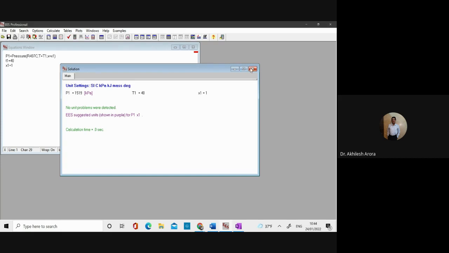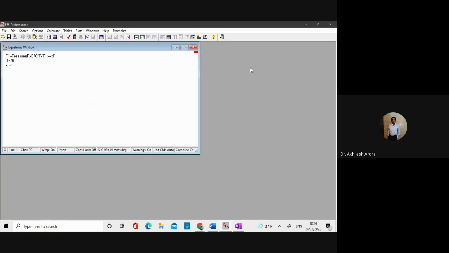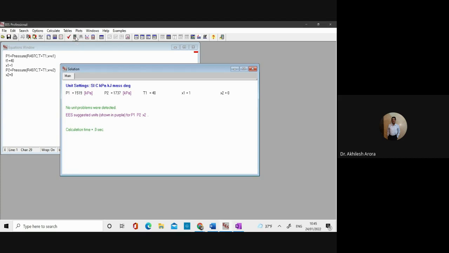Now I will perform another calculation. I will use this equation once again, but now I am going to change its name. I am saying that it is P2. Temperature remains the same, but I am going to change it to x2 now, and the value of x2, let us say I take as 0. Now you try to understand. I am keeping the same temperature, but now I am giving a different value of the dryness fraction. Now you can see here, what do you find?